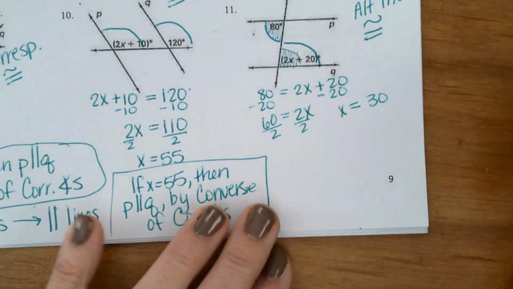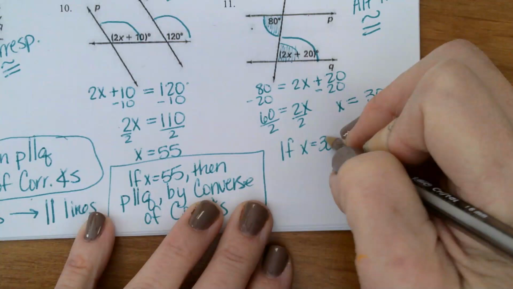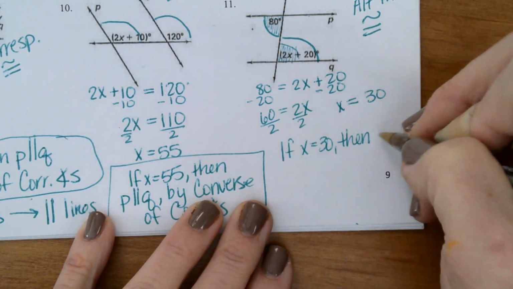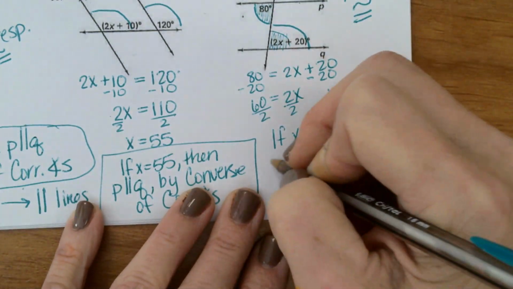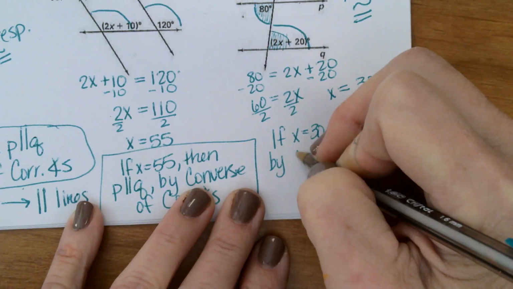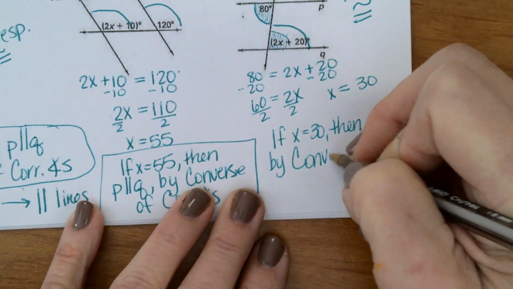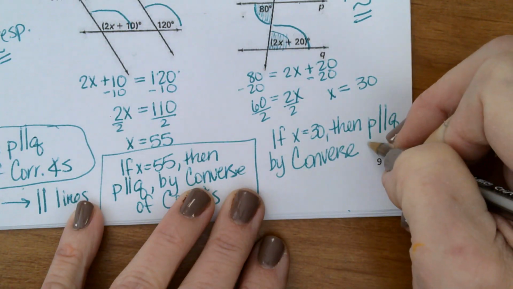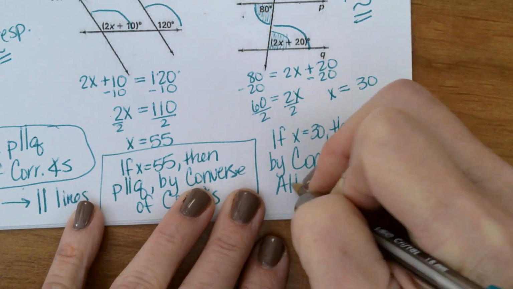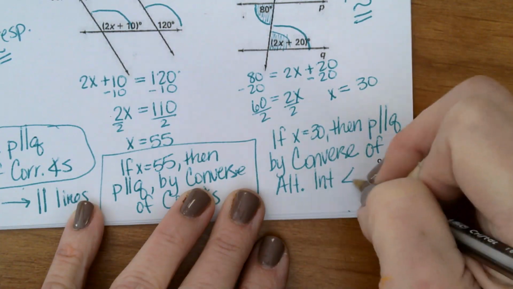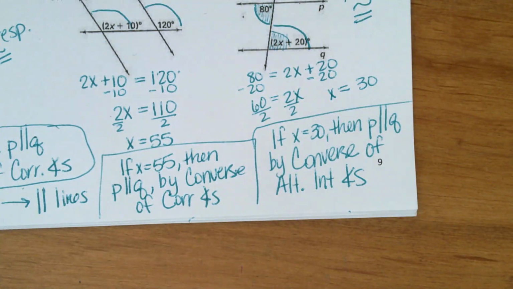So our official answer is, if x is equal to 30, then P is parallel to Q by what? Converse of what? Speak louder, please. Thanks. Alternate interior angles. So that's my official geometry answer for that one.